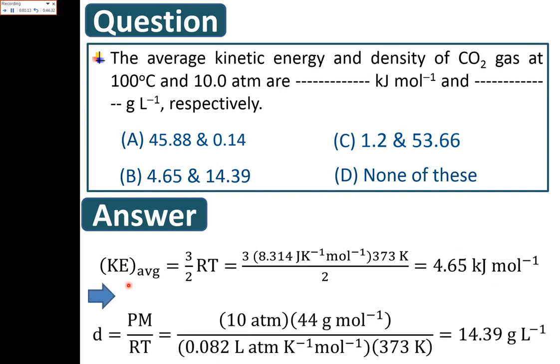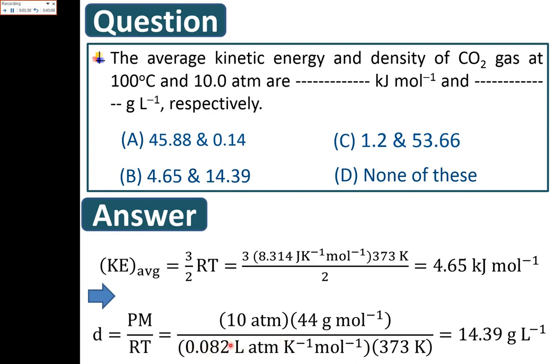The second one is the density, and the density, as you can see, equals PM over RT, where M is the molar mass of the gas. So we'll substitute directly here. As you can see, we used the value of the universal gas constant in the first part of the question as 8.314 joule per Kelvin mole, but in the second one we used 0.082 liter atmosphere per Kelvin mole.